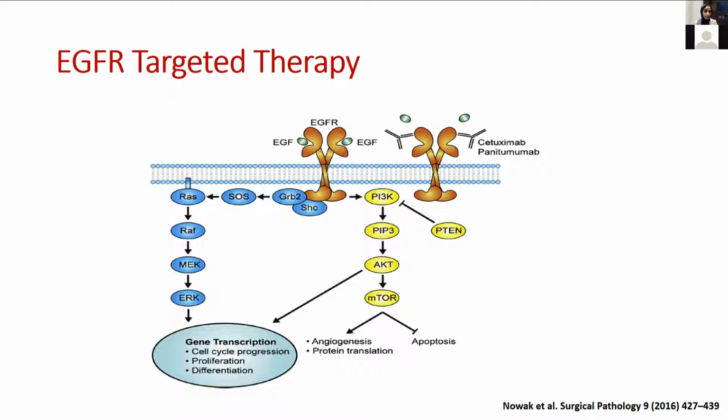The established biomarker that we currently use is KRAS and NRAS. Although you can see there are many proteins in this pathway that can be predictive, they are not currently established as predictive biomarkers, and we need more clinical studies to establish their roles. These include PI3K, PTEN, and also BRAF.